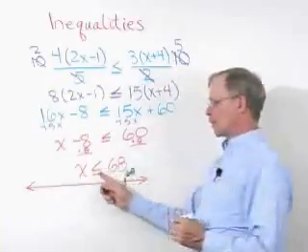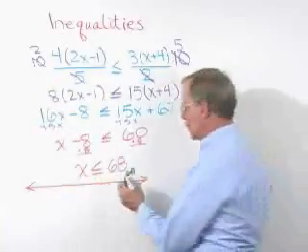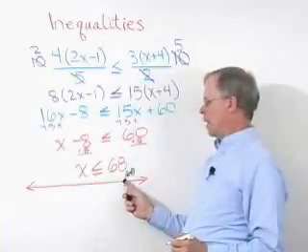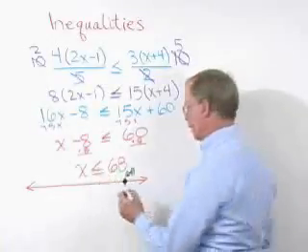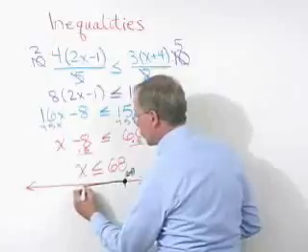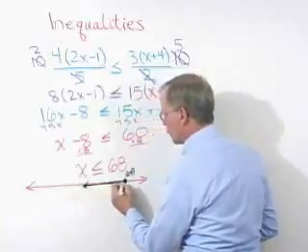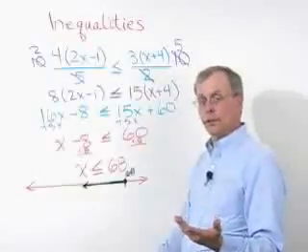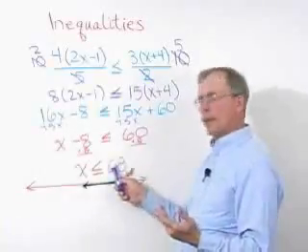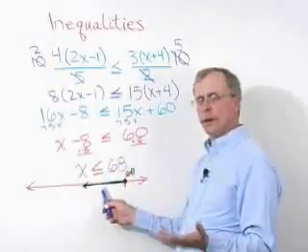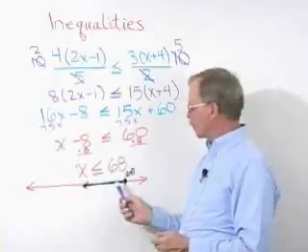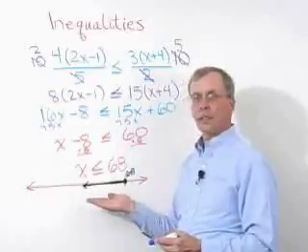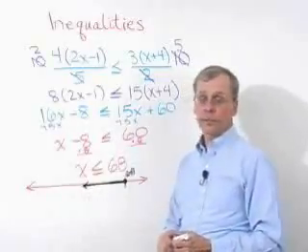We see that it's "or equal to," so we'll fill in that little hole, and everything less than that, so we'll draw an arrow in that direction. This is a graphing solution. The algebraic solution can be converted to a graphic solution by doing just what we've practiced before. You've done inequality line graph descriptions before.